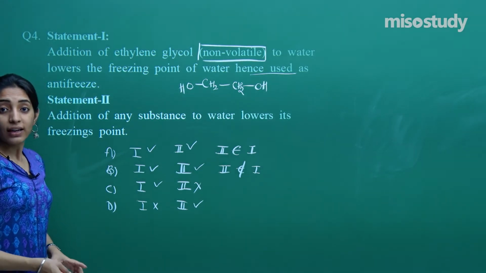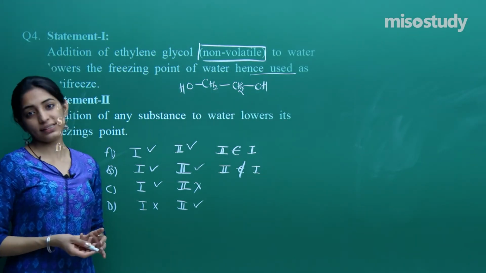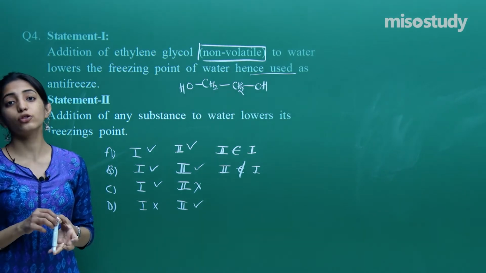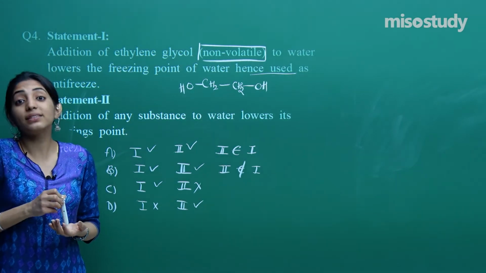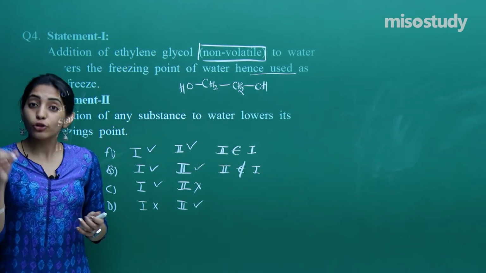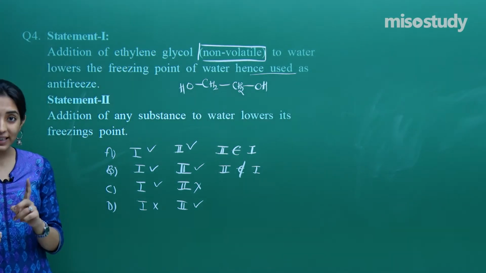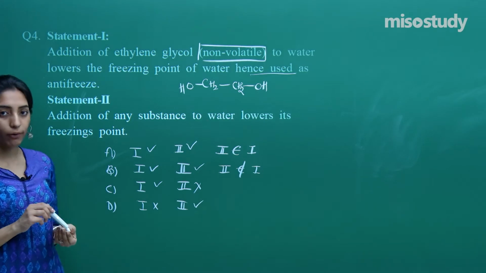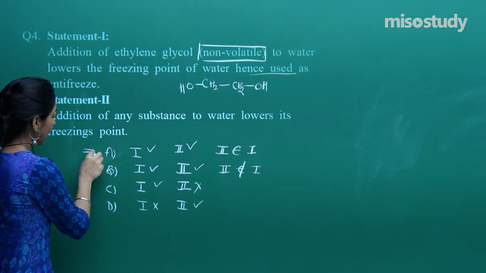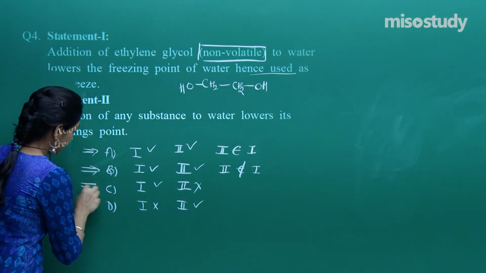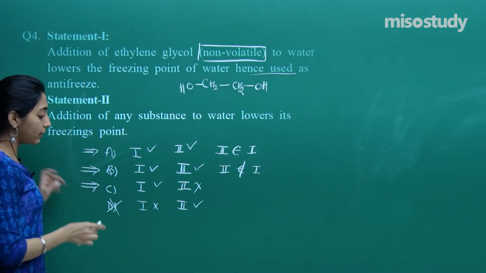That is correct. Whenever you want that water should not be freezing at 0 degrees C, rather it should be freezing at minus 0.6 degrees C, you add ethylene glycol because yes, it will lower the freezing point of water. So statement 1 is correct. So the option could be A, B, C. D cannot be the answer.